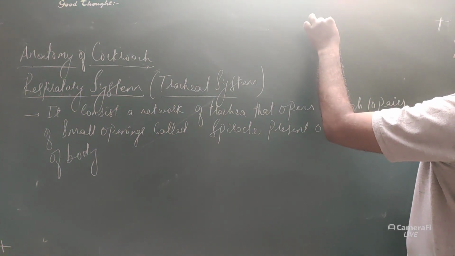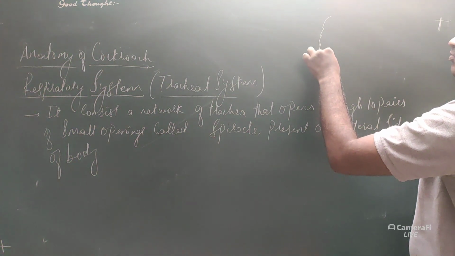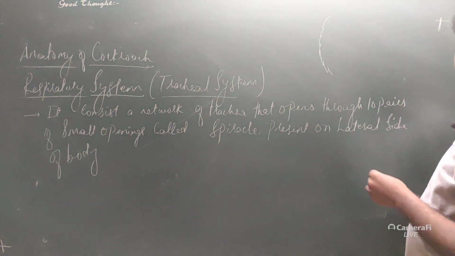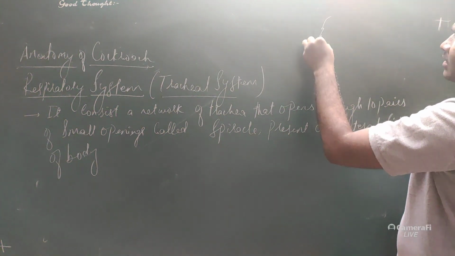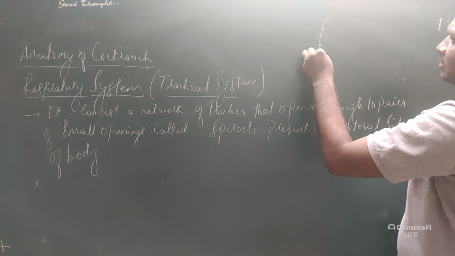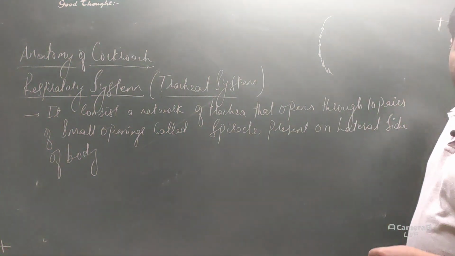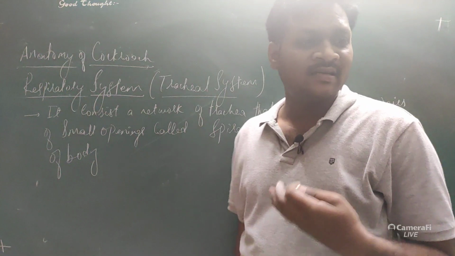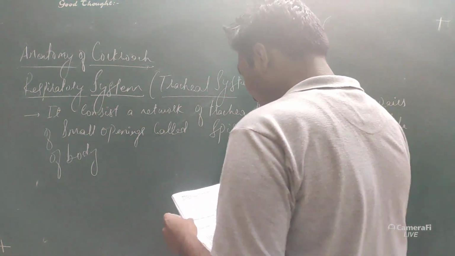Like this, right? So this is the lateral part where the small pores are present, and these small pores, or the ring-like structures, are referred to as spiracles. So these make up the tracheal system in the cockroach, and they are present on the lateral side of the body.